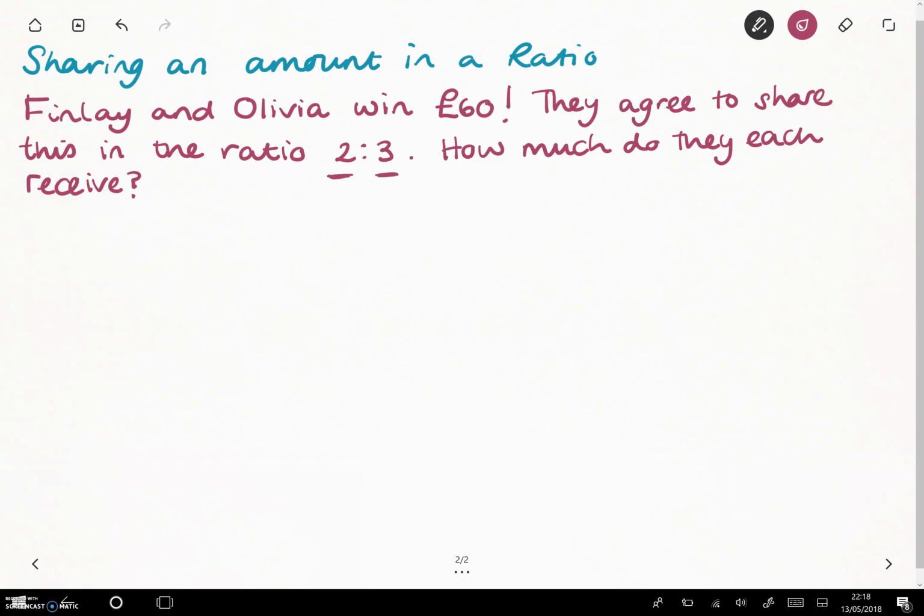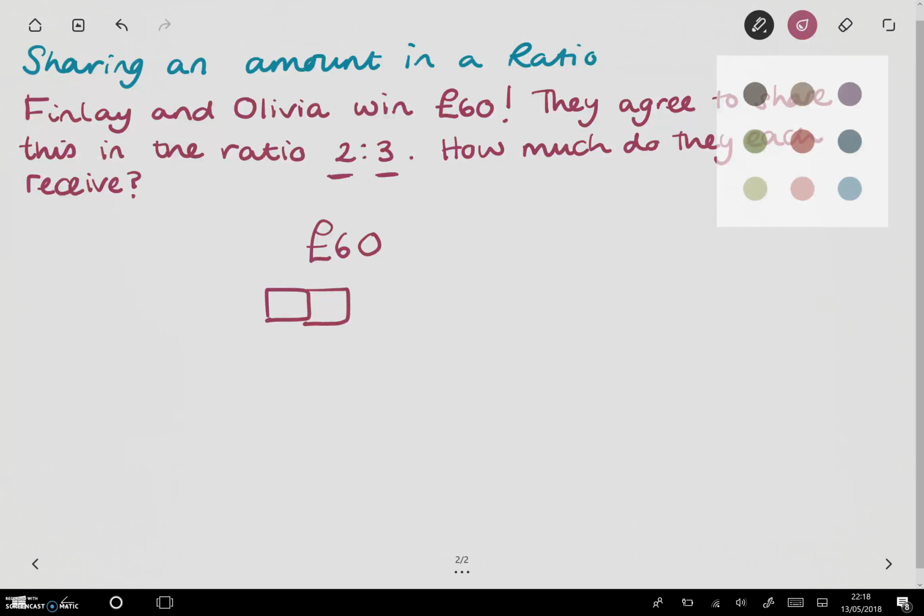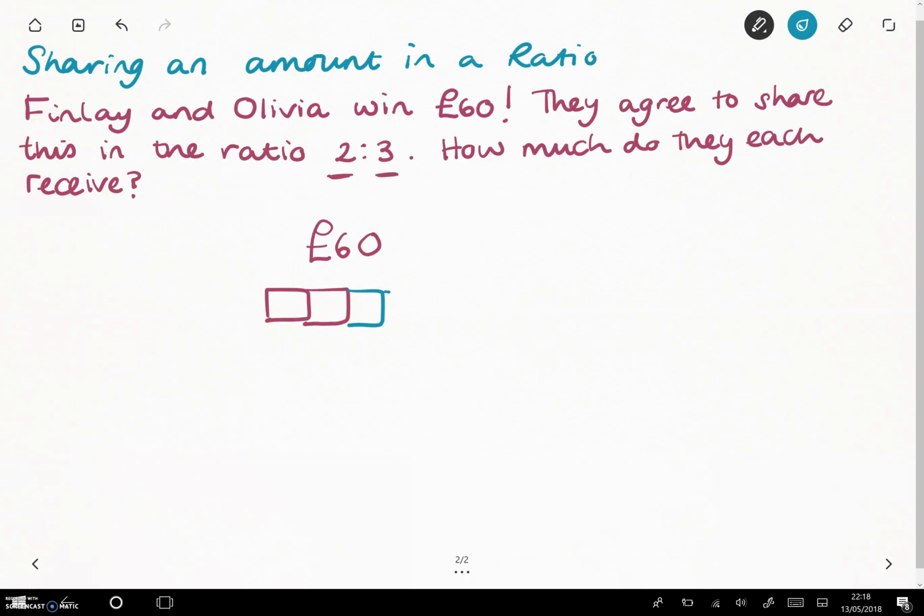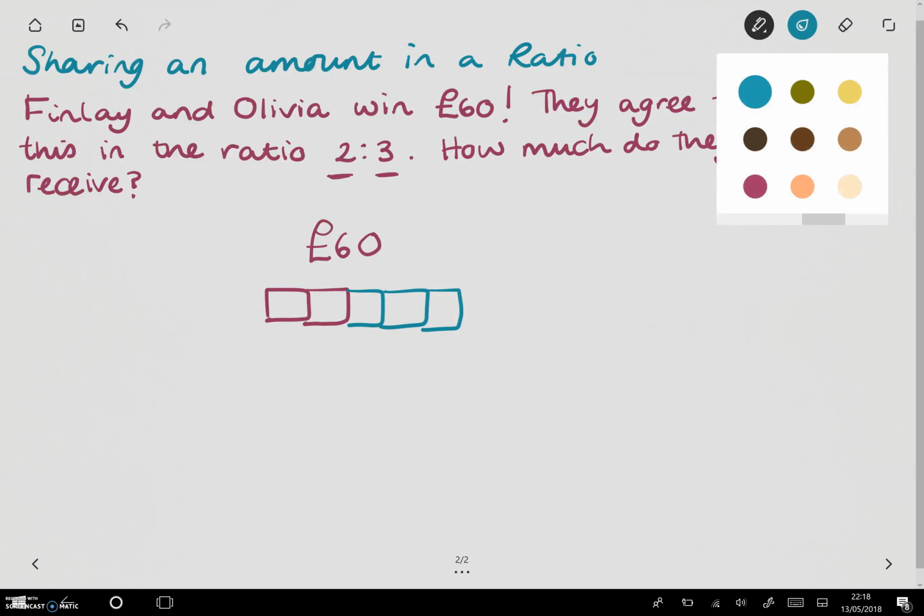So we're actually splitting the £60 like this. Finley gets 2 parts and Olivia gets 3 parts. So we're actually splitting the £60 into 5 equal parts.